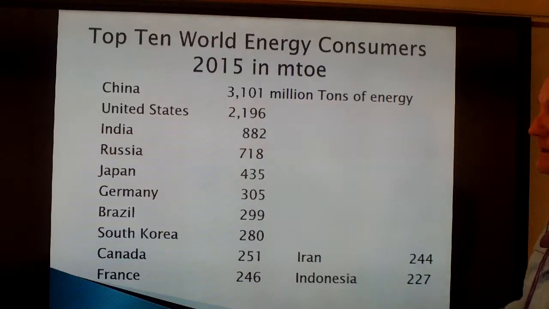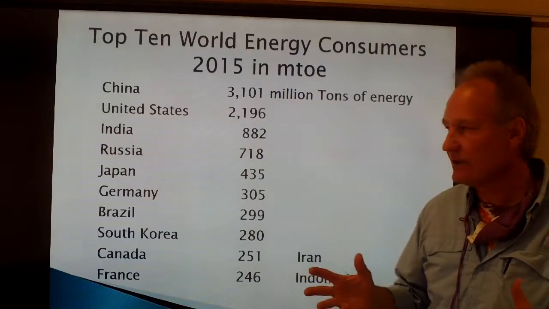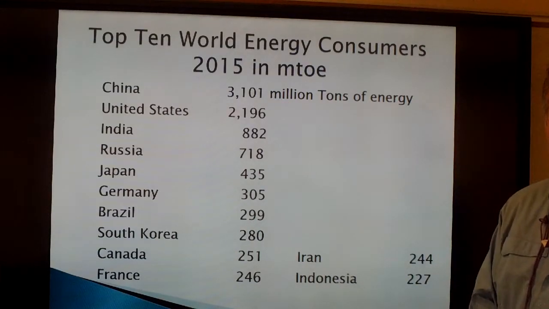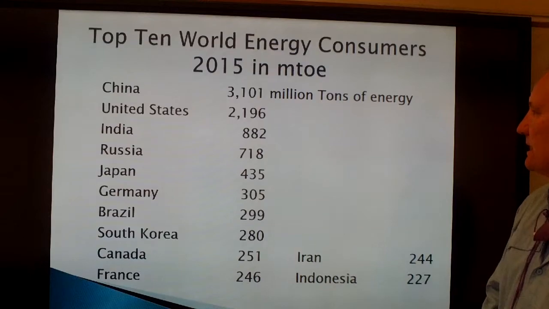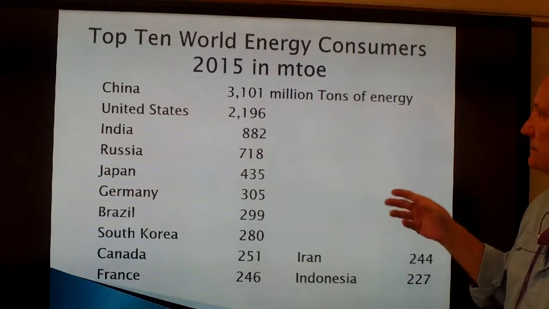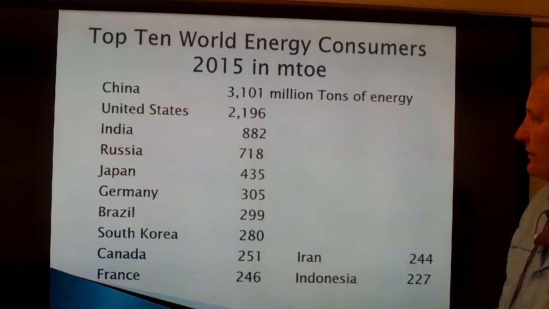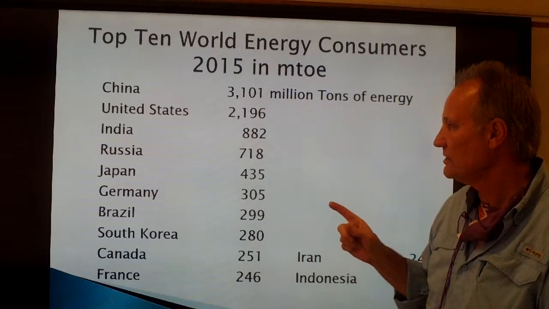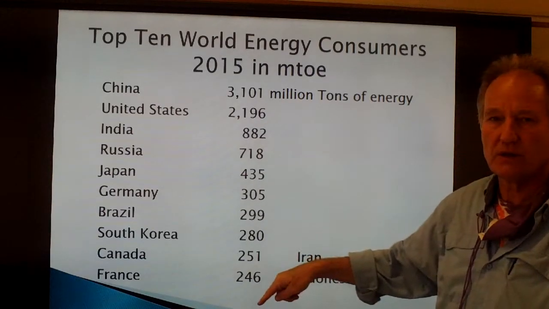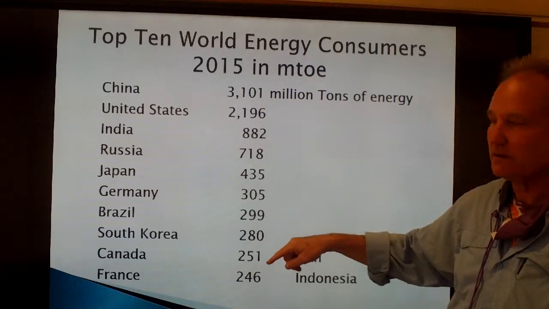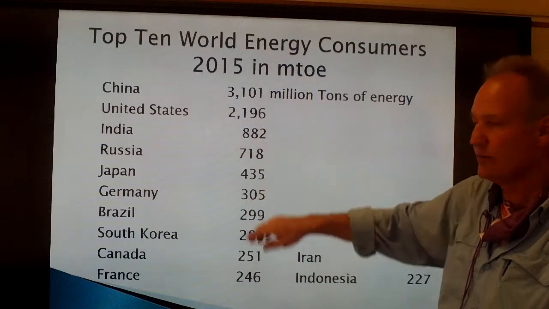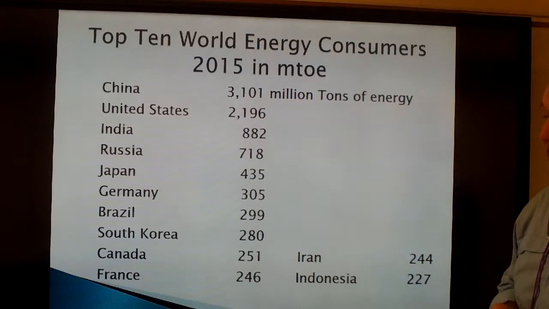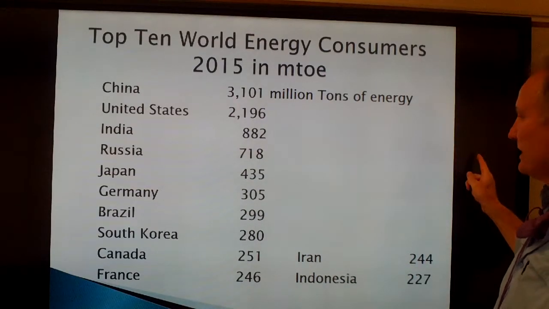Now, who are the biggest world consumers of energy? In 2015, China had 3,101 million tons of energy consumed. The United States was at almost 2,200. Everybody else below that was less than 1,000. So there are these two giants, and then everybody else's economies are not using nearly as much energy, and weren't in 2015, as China and the United States are.